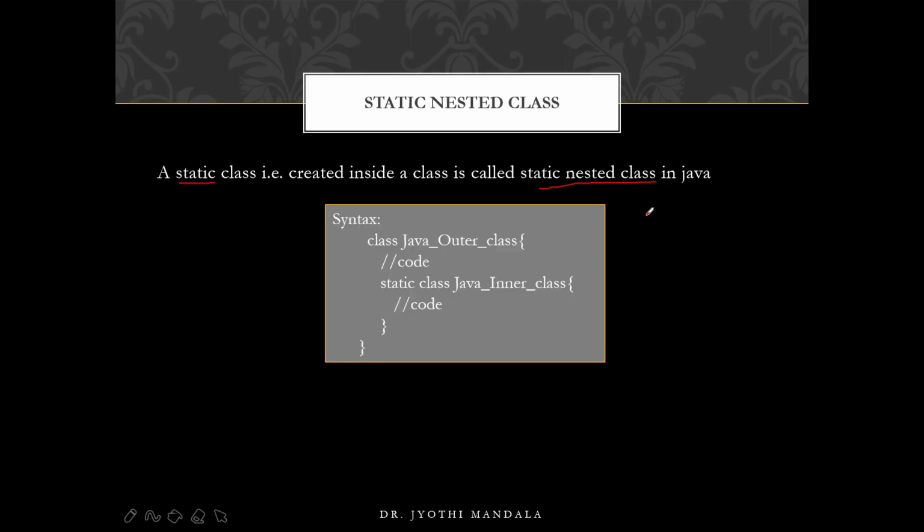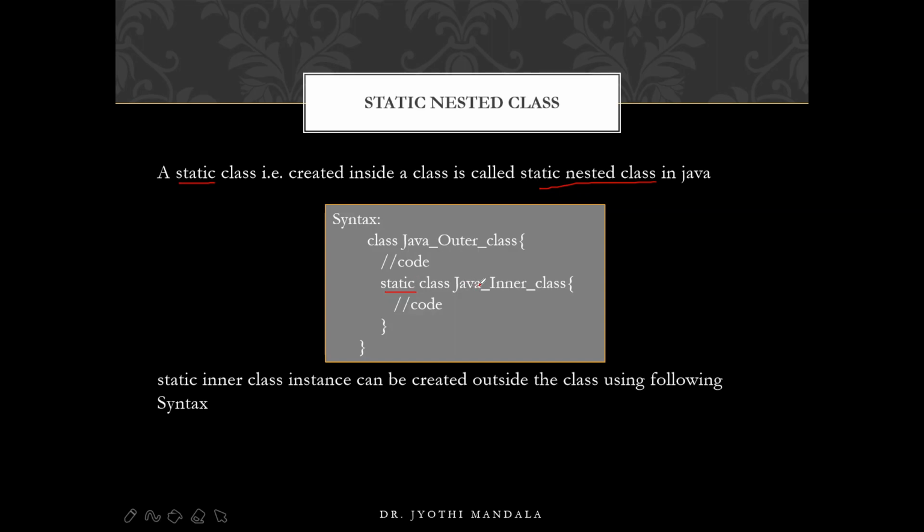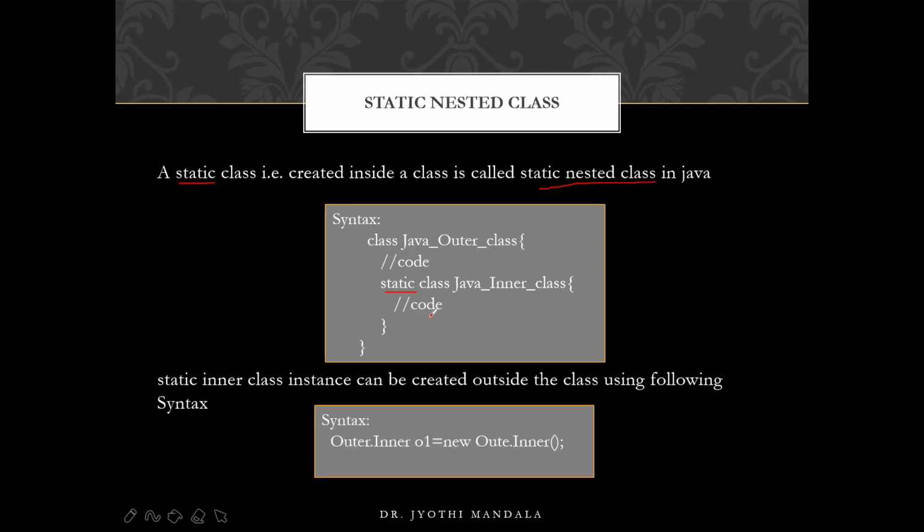Now whenever you are using a static nested class, observe here: you write a normal outer class, any class name can be given, and inside this class you need to write one more class, and that class should be static. That means you need to use the keyword static. Whenever you write it like this, and you want to access the things that are available inside this static class, then you need to use the following syntax.